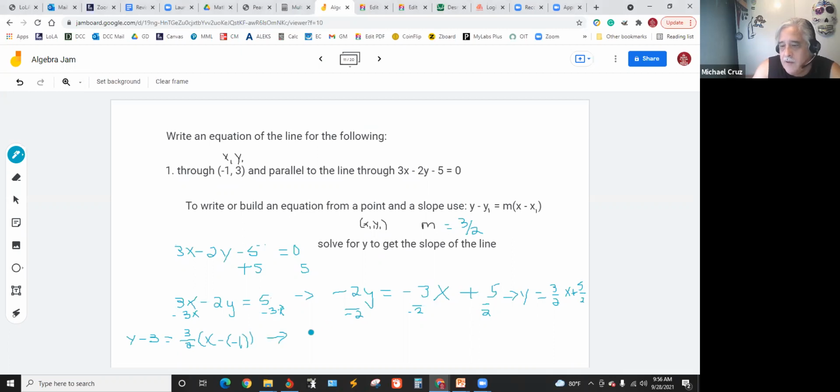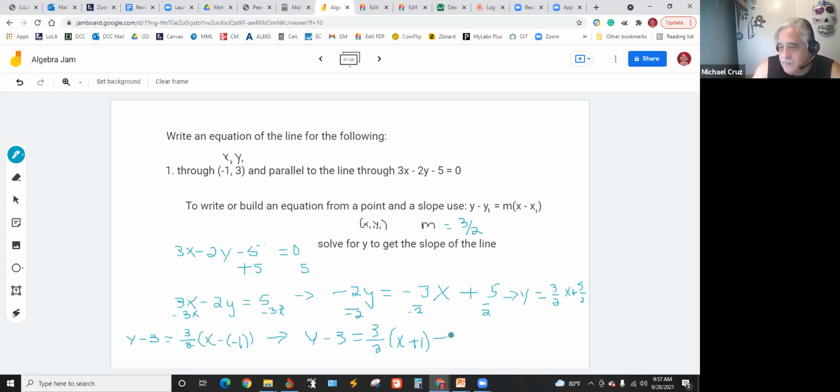So that's going to be y minus 3 is equal to 3/2. Oops, let me fix that. And now it becomes x plus 1. All right.